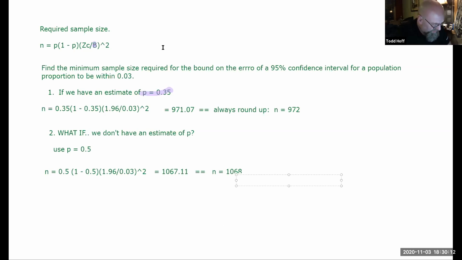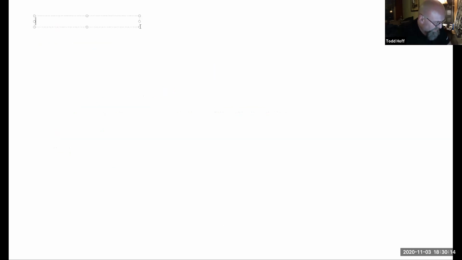Now let's talk about confidence intervals for population means. These are going to be broken down into two categories. One, we know the population standard deviation.